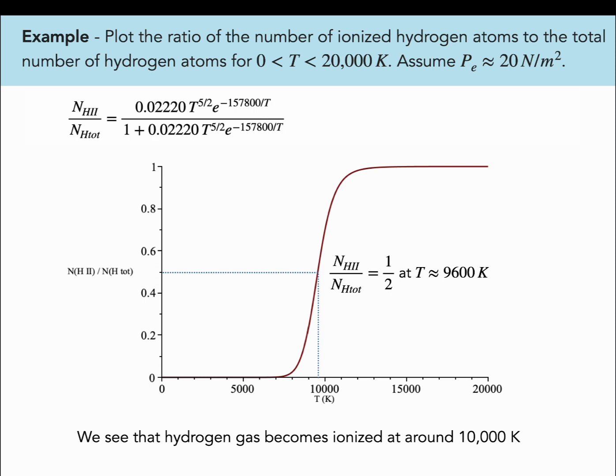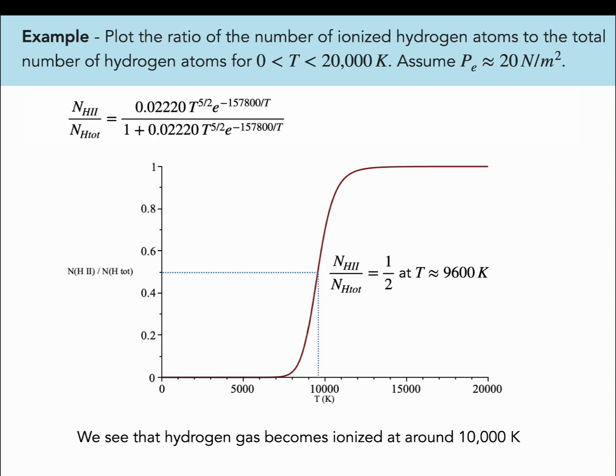And what we see is that if the temperature is much less than about 7,000 Kelvin, almost all of the hydrogen is neutral. Above about 12,000 degrees, almost all of the hydrogen is ionized.